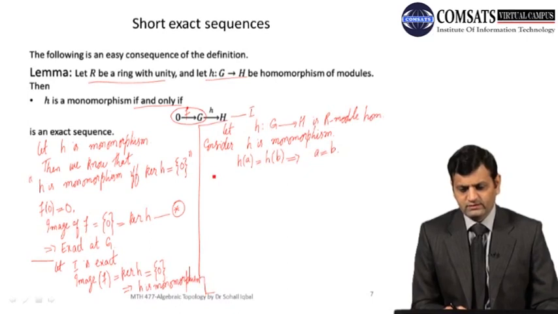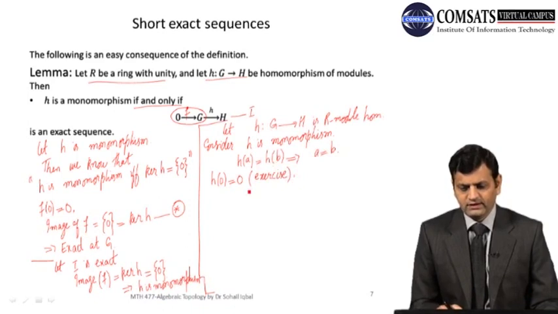One thing is clear, that h of 0 is always equal to 0. I am leaving this as an exercise for you to show that h of 0 is always equal to 0.